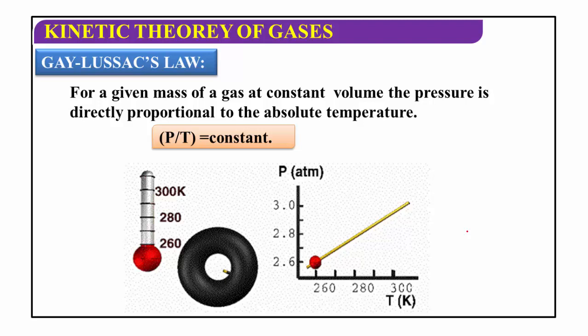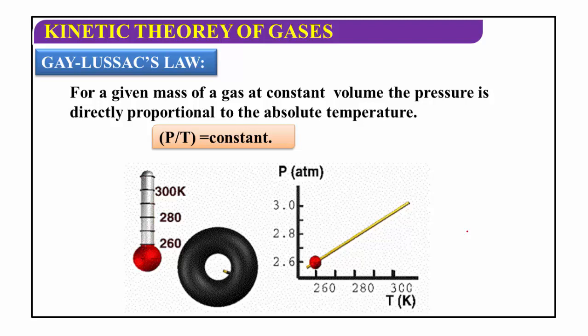The best example for this law is when you put air into your vehicle. Does the volume stay constant? Volume is constant, but the pressure is directly proportional to the temperature. If the temperature increases, for example in summer, what happens to the pressure? It increases. That is why the tires of vehicles burst. Again, there is a physics law called Gay-Lussac's law.